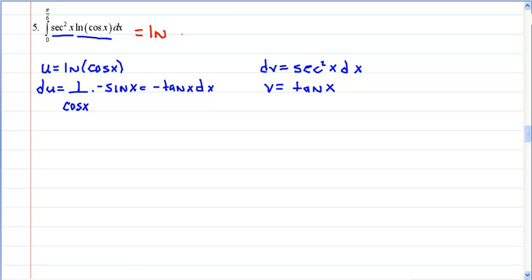So I have u times v, the natural log of cosine x, times tangent x, and then minus v du, which would be the integral of tangent x times negative tangent x dx. And this is a definite integral, so I have to include 0 to pi over 6.